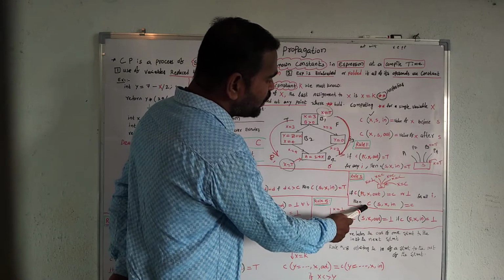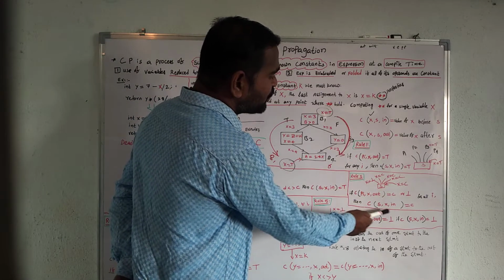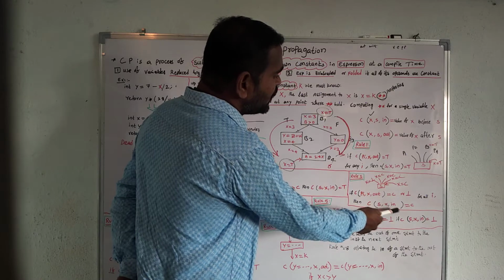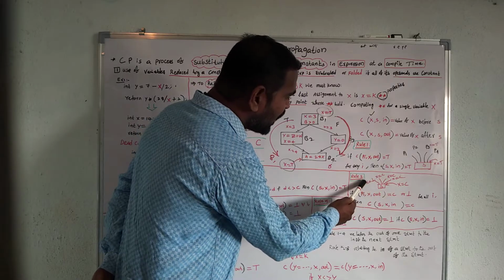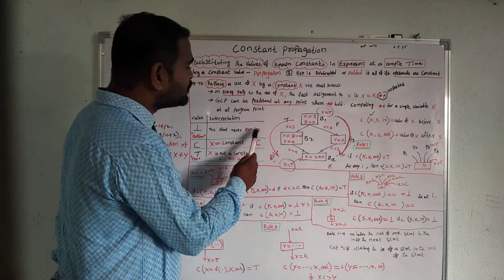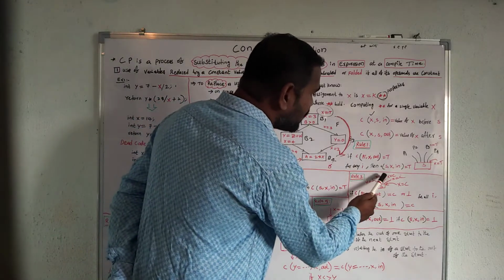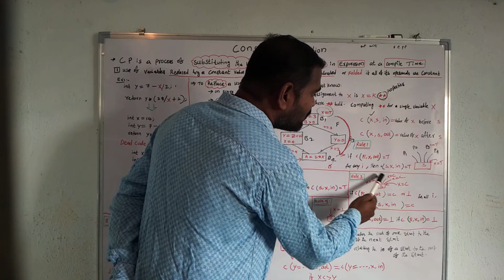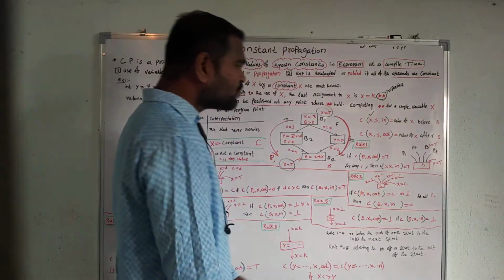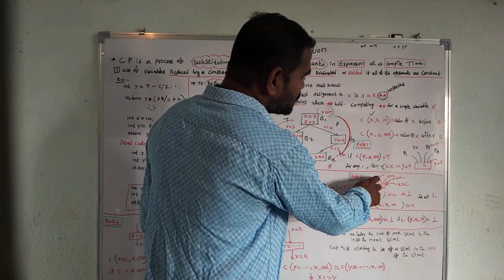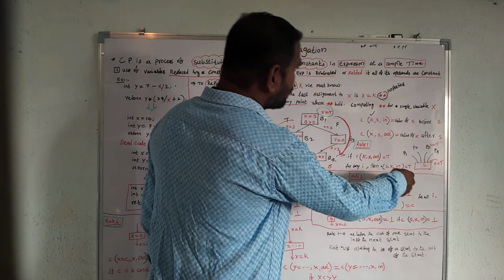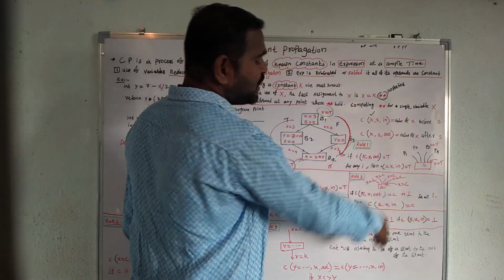Then in the constant function, the value of s before x you get the value c. So in this case, the bottom path never executes. That is why in all the paths we have a constant value x is equal to c. So c is a constant value, and this constant value is propagated in all the paths.